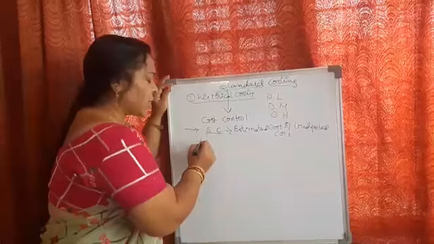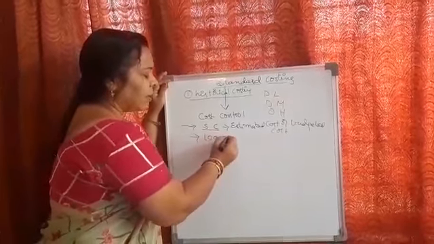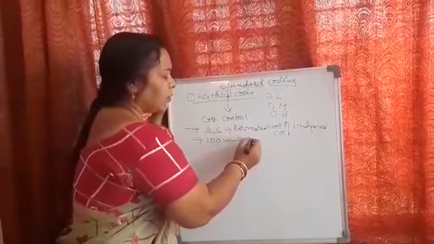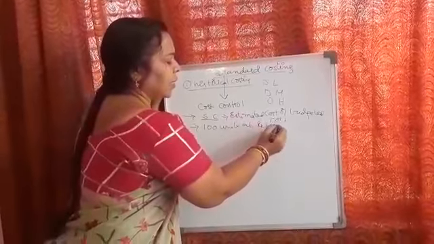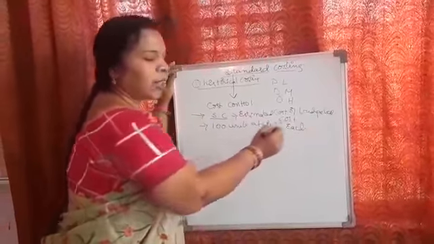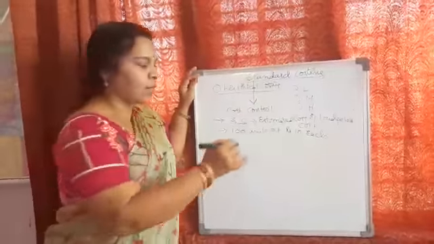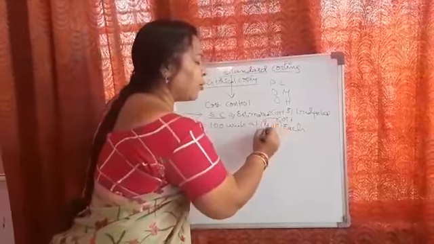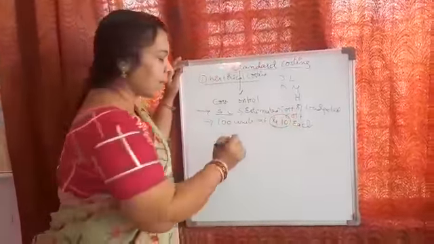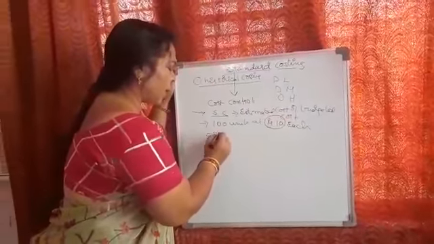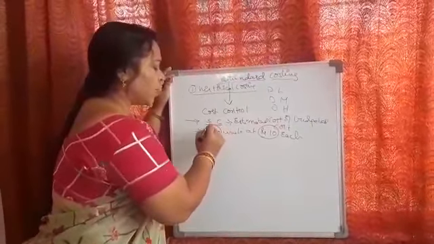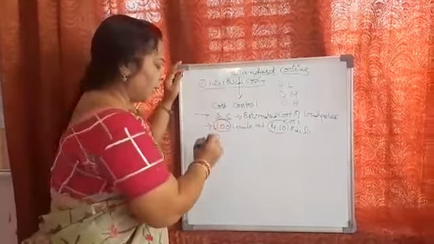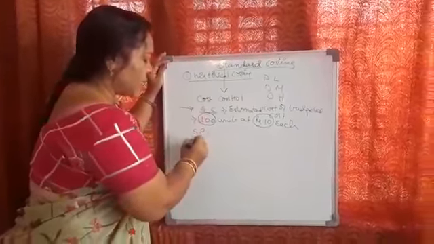I want to purchase 100 units of material at rupees 10 each. So this is my budgeted cost or my standard cost. Means each unit I want to acquire at 10 rupees. That is my standard price. And I want to purchase 100 units, which is the quantity, called standard quantity.